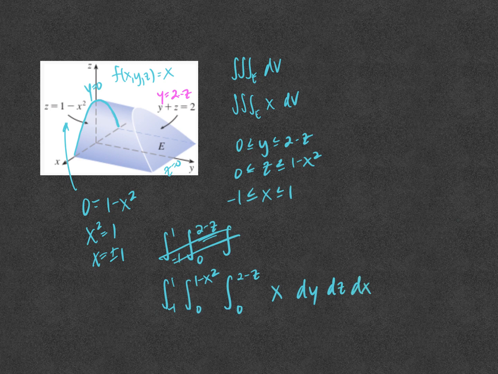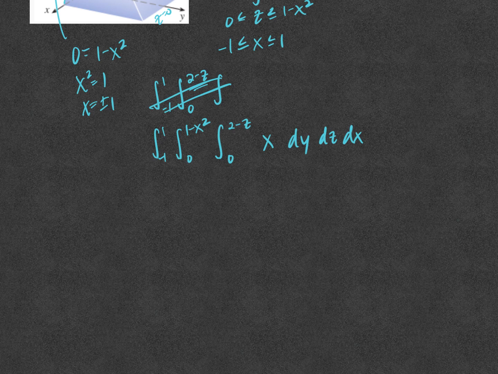So let's go ahead and integrate with respect to y. So we're going to say the integral from negative 1 to 1, the integral from 0 to 1 minus x squared. When we integrate x with respect to y, we get x times y from y equals 0 to y equals 2 minus z. And then we're going to integrate with respect to z, and lastly with respect to x.